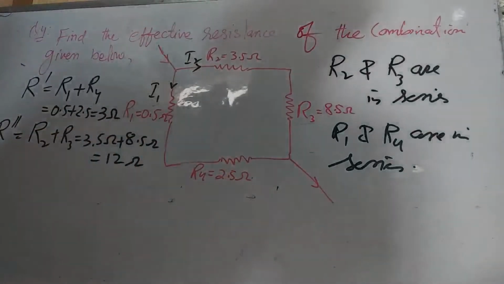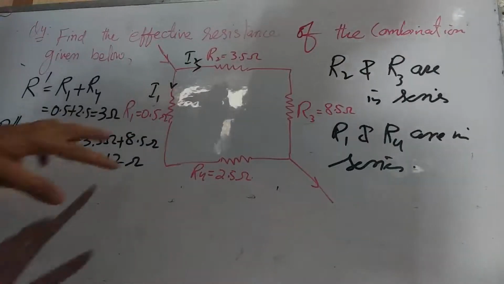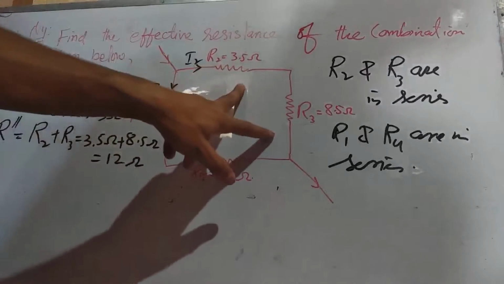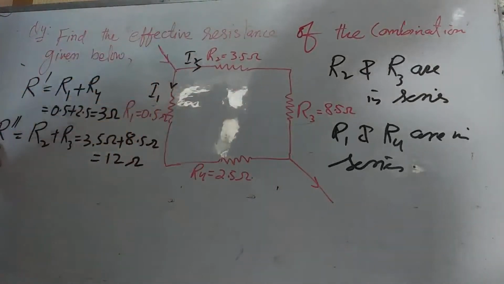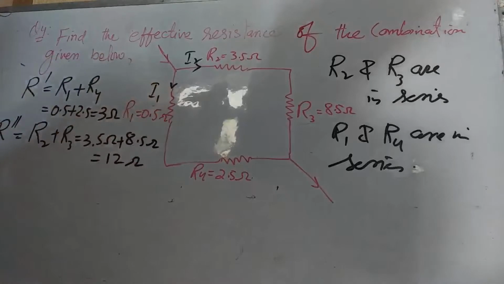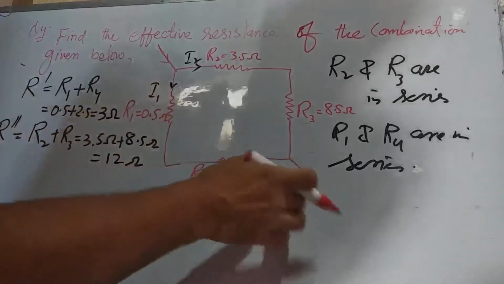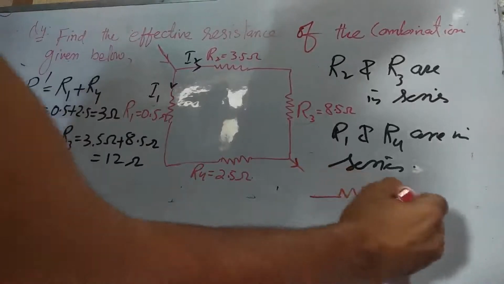So now the circuit will be like this. When these two and these two are combined, R dash and R double dash are connected in parallel. So the next diagram will be like this.